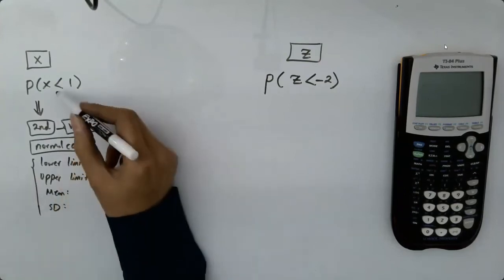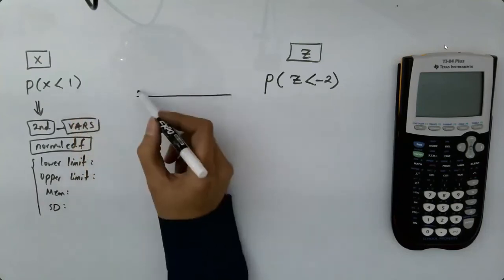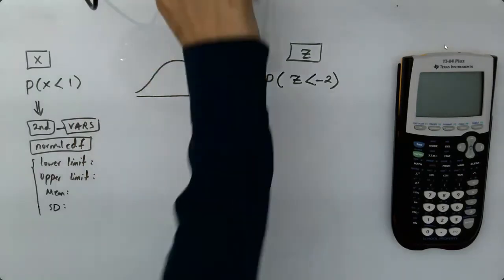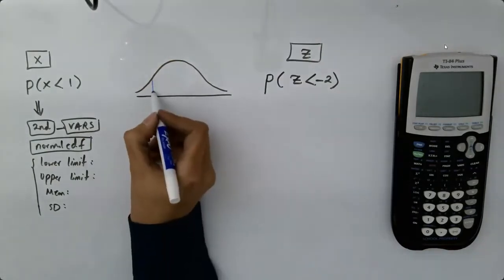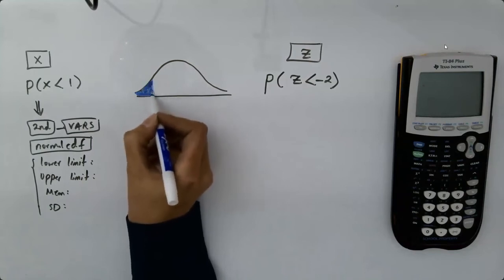Since it's less than, and as you remember, the graph says it is less than. When you have a graph with less than, it means that you're looking at the less than area here.